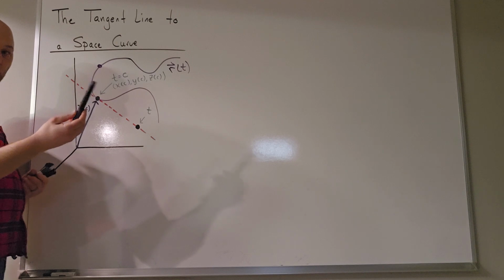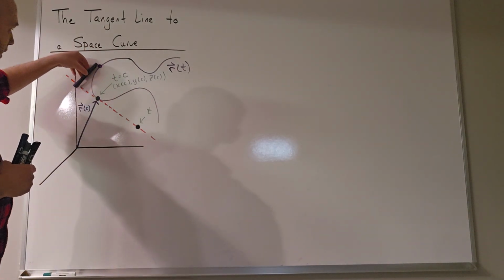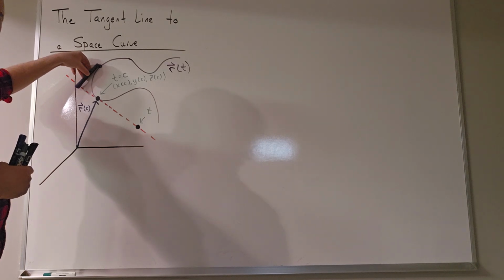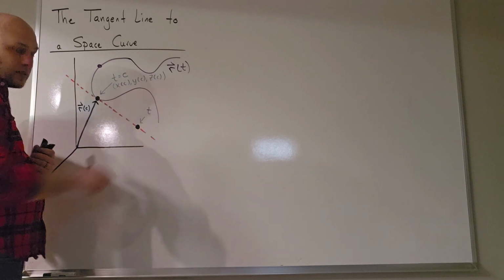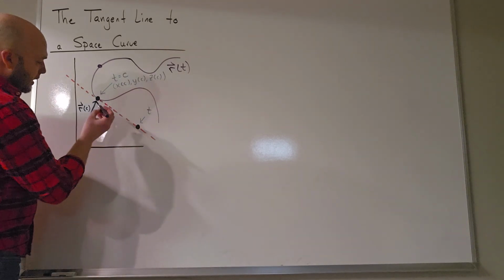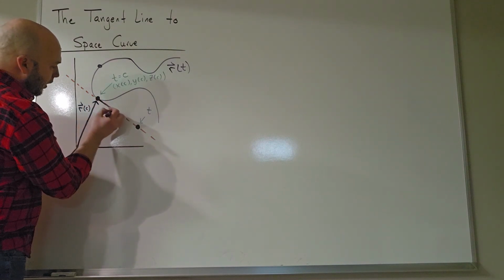And let's say this purple marker is the derivative evaluated at that point, then I know that it's going to be tangent to the curve. Well, the vector is tangent to the curve and this line is tangent to the curve, so that must mean that the derivative would be a vector along this line.